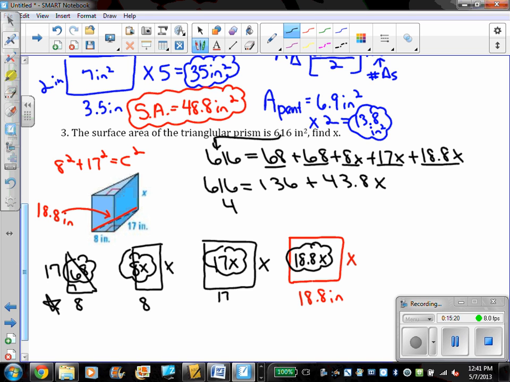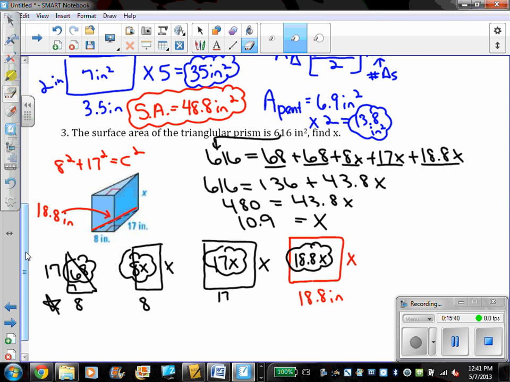I take 616 and subtract 136 from it to start solving. We have 480 equals 43.8x. We divide by 43.8 to solve for our unknown x, and voila, we get 10.96. You know what? Because we rounded to the nearest tenth, it's going to be 11.0 inches.